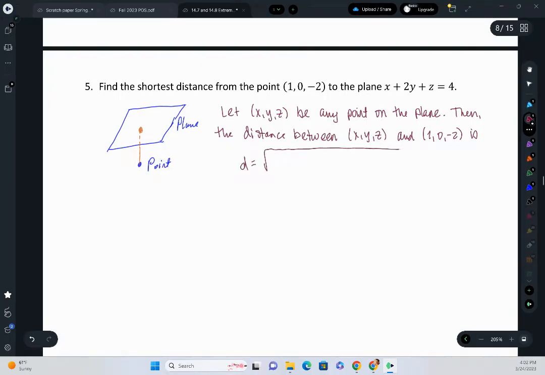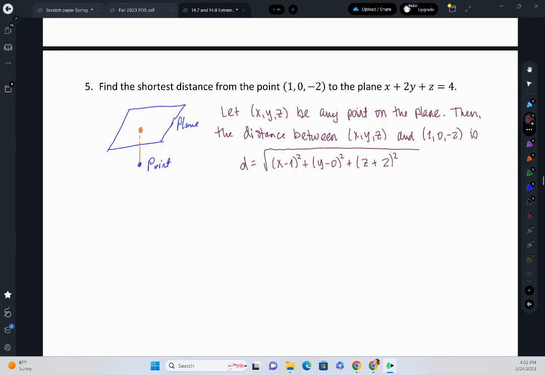It's going to be the square root of, in parentheses, x minus 1 all squared, plus, in parentheses, y minus 0 all squared, plus, in parentheses, z minus a negative, so it'll be plus 2 all squared. Okay.